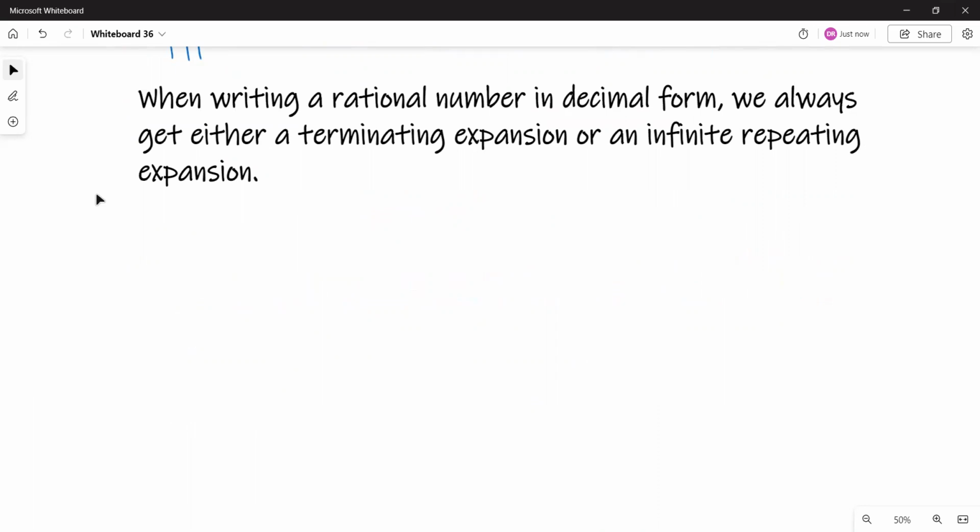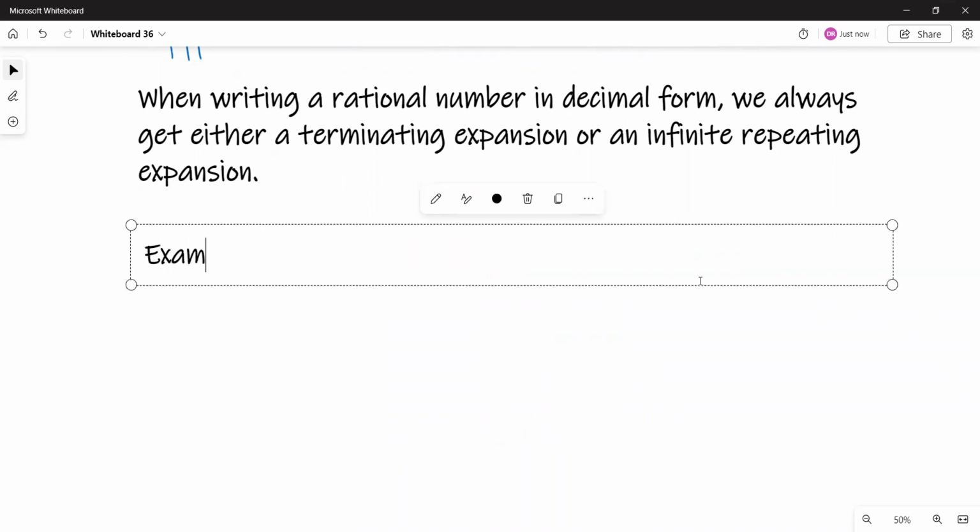Okay, so we're going backwards. We're now going to write rational numbers as quotients of integers.